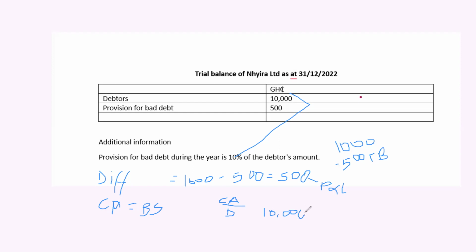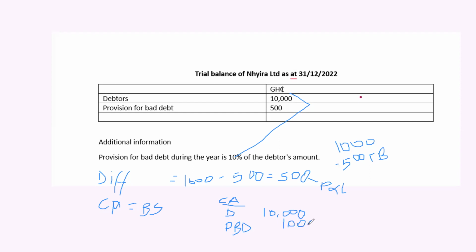And the provision that we have made, which is the current provision, you write as provision for bad debt. So provision for bad debt will have the effect of reducing the debtors figure.